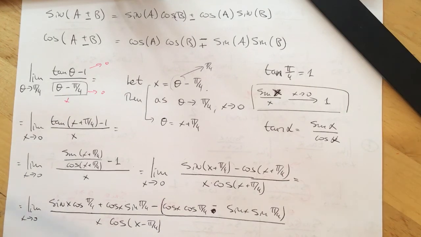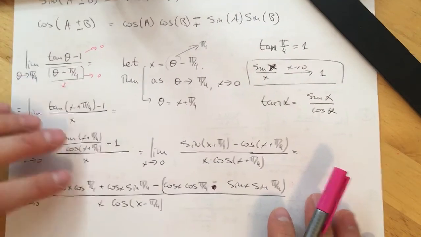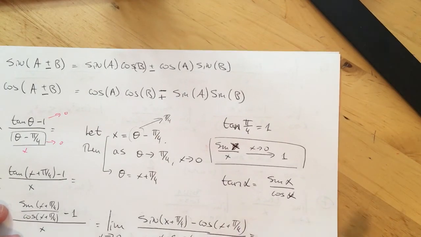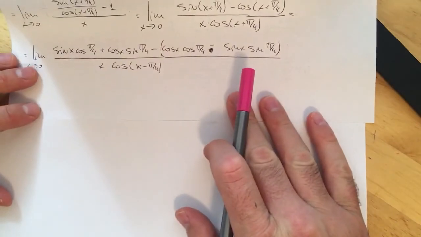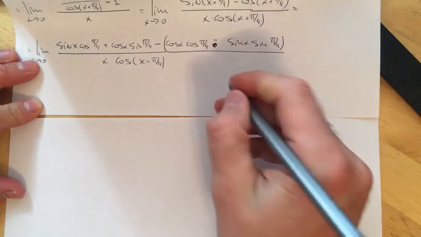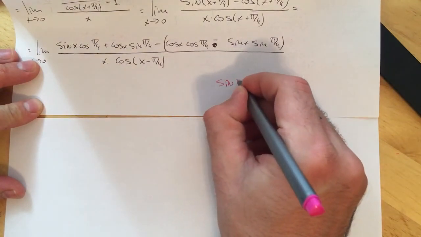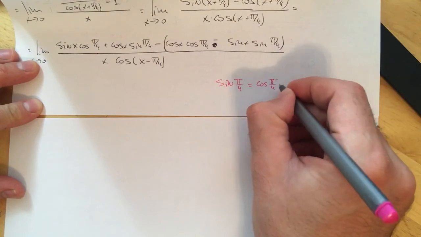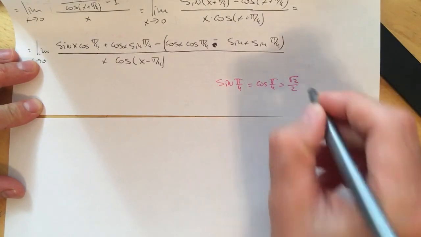Okay? Now here you should know that sine of pi over 4 is equal to cosine of pi over 4, and that's square root of 2 over 2.